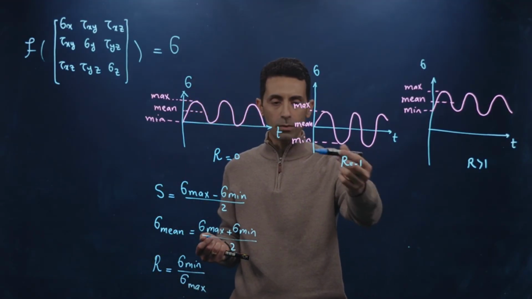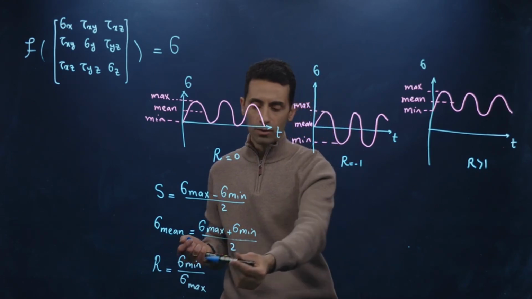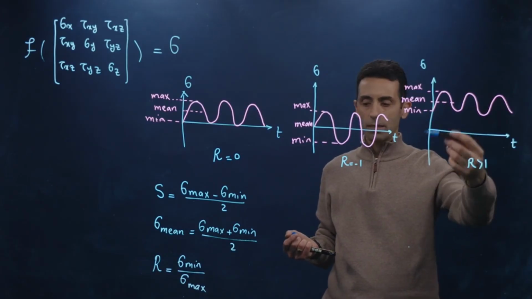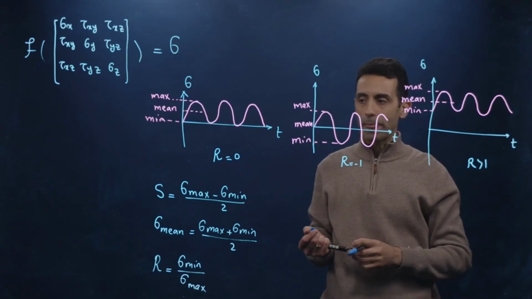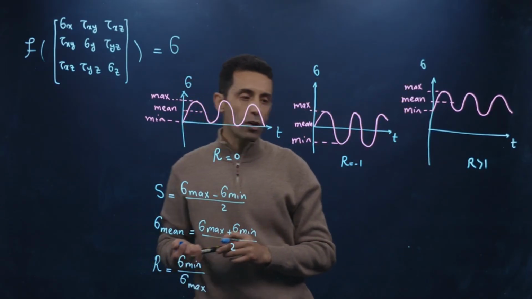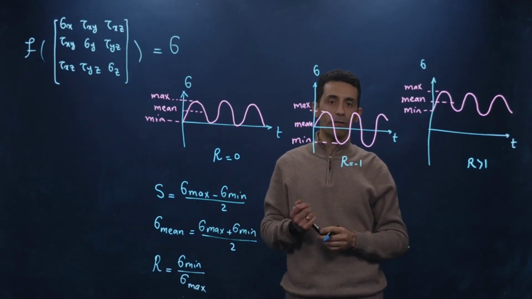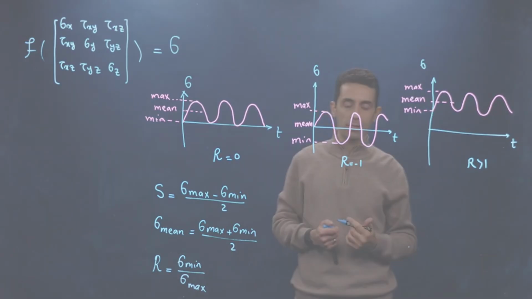R was -1 because sigma min magnitude equals sigma max, but it's negative, so it's R = -1. And in this condition, of course, this is giving us a value for R that is bigger than 1. So these are the 3 different loading conditions that we often deal with in a simple definition of fatigue analysis.